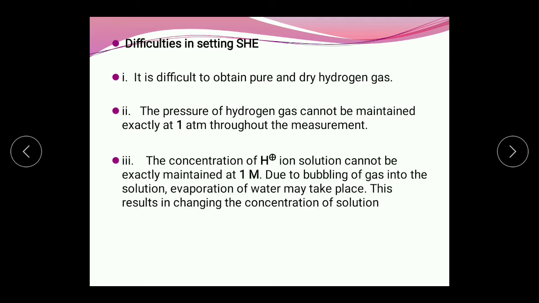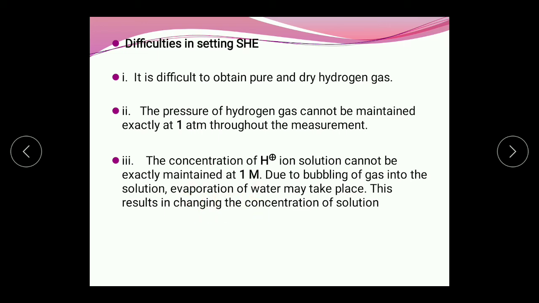The third condition is that the solution we are using should be of 1 molar concentration. The concentration of H plus ion solution cannot be exactly maintained at 1 molar, because at the start we can take 1 molar concentration. But because of the bubbling of gas into the solution, evaporation of water may take place.